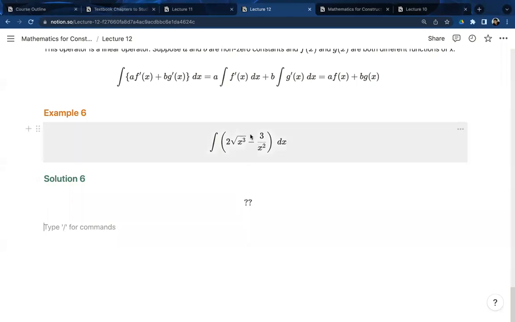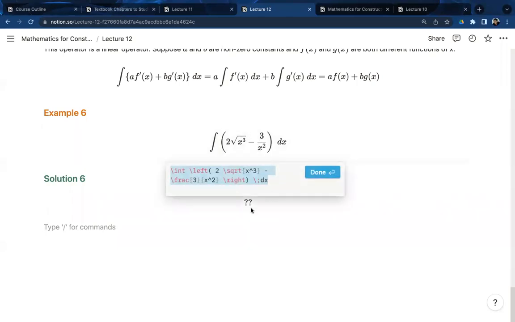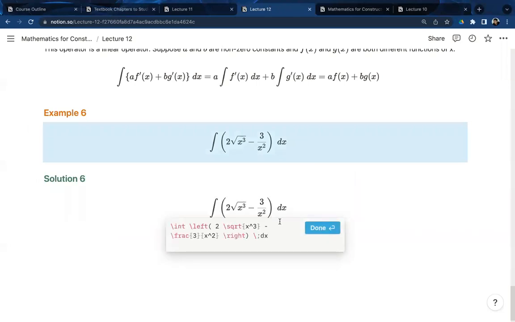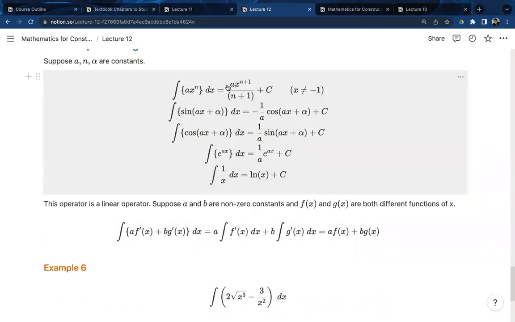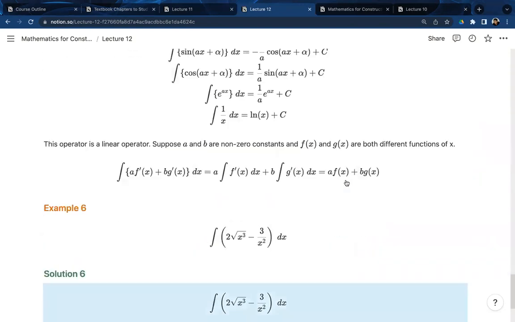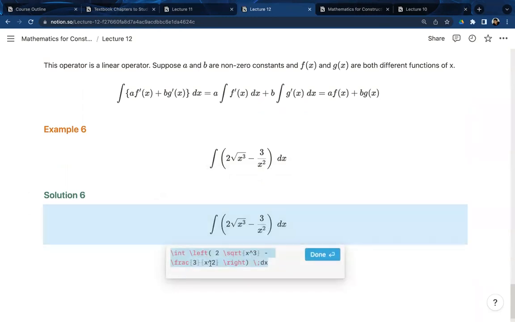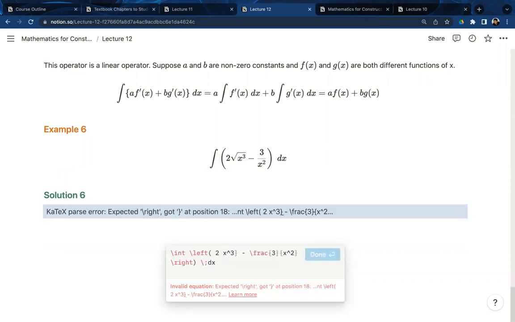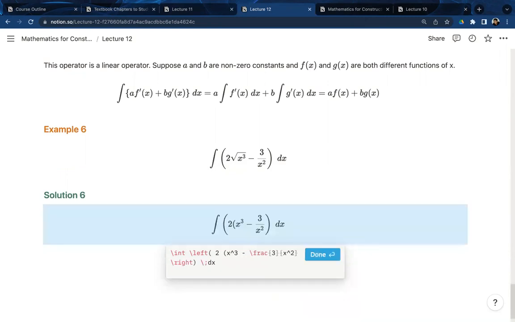What you have to do with this question is write it in terms of powers so that you could recognize what a and n is. So the square root of x cubed, if you have to write it, you could write it as x cubed to the power 1 over 2, right? Remember, square root is the power 1 over 2.